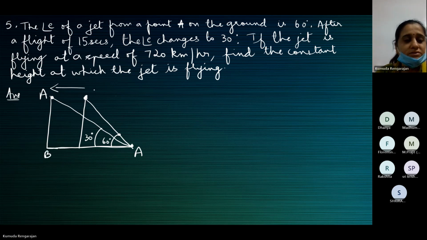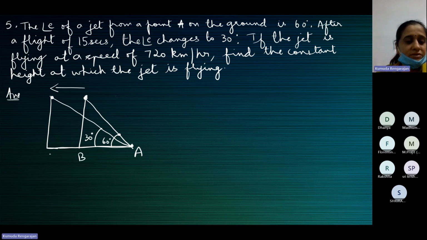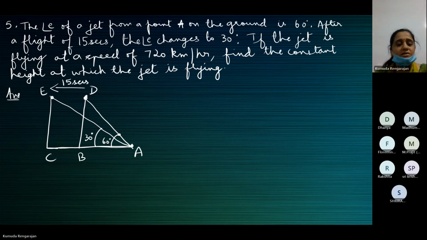We already have A, so B, C, D, and E. So after 15 seconds, this distance in the air, DE, from D to E, is covered in 15 seconds. So you can find the distance BC then.